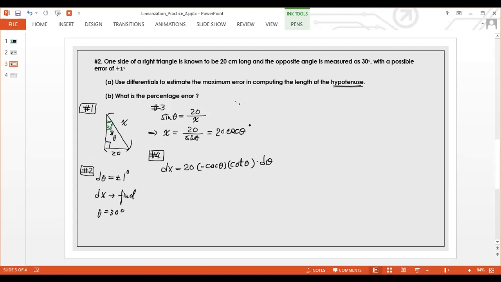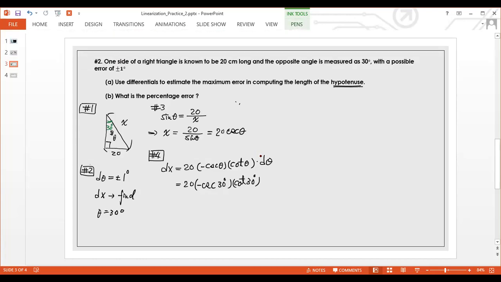As always, now the thetas: this is cosecant 30 degrees and cotangent 30 degrees. Those are going to give you a value. Then the d theta here.